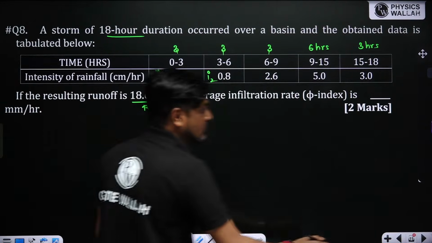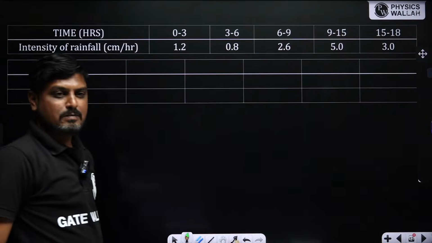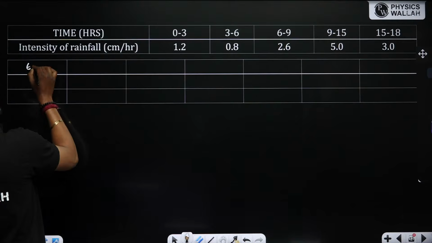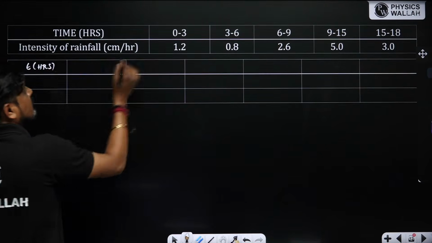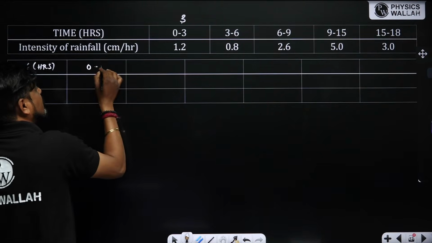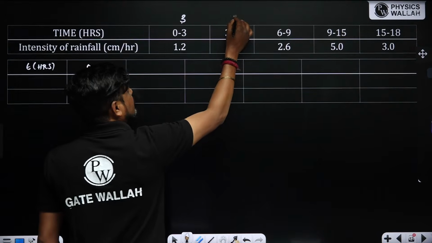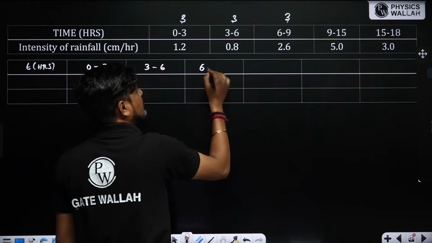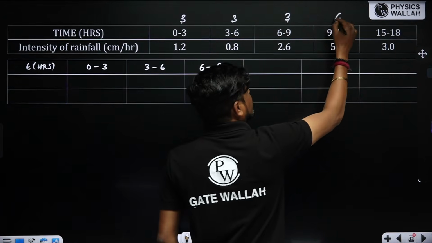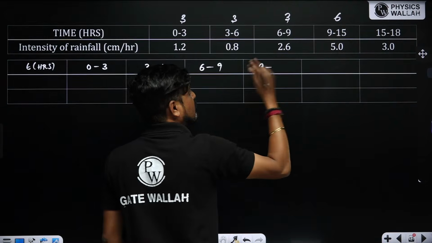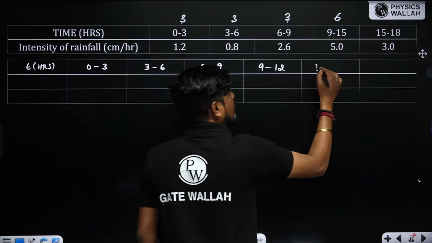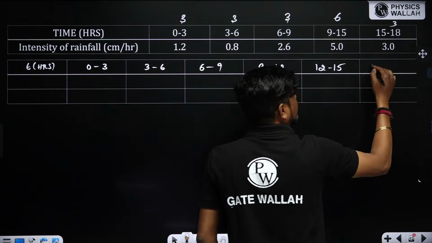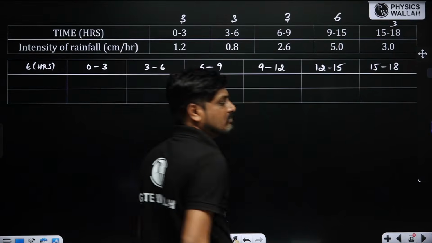Okay, see here. Let us first solve this solution. Now, let us prepare the table here. Time in terms of hours. So 0 to 3, 3 hours, 3 to 6, 3 hours, 6 to 9, 3 hours, 9 to 15, it is 6 hours. So I'll break it 9 to 12, 12 to 15. Again, this is 3 hours, 15 to 18.